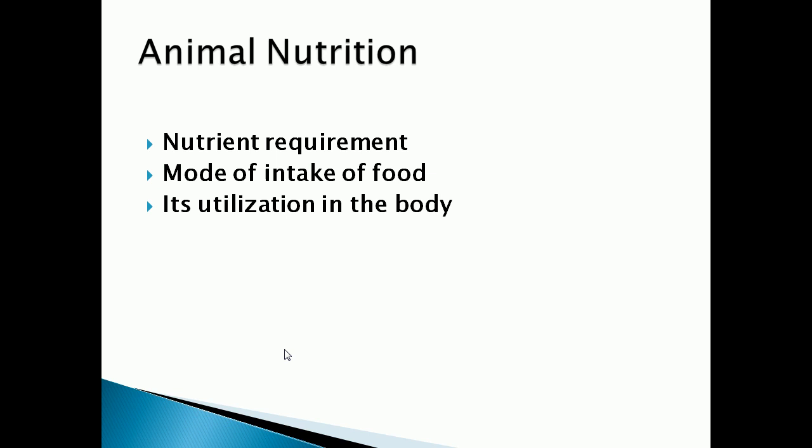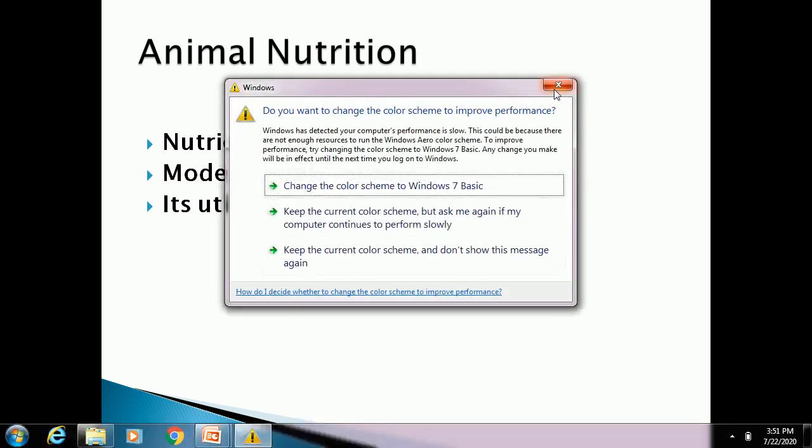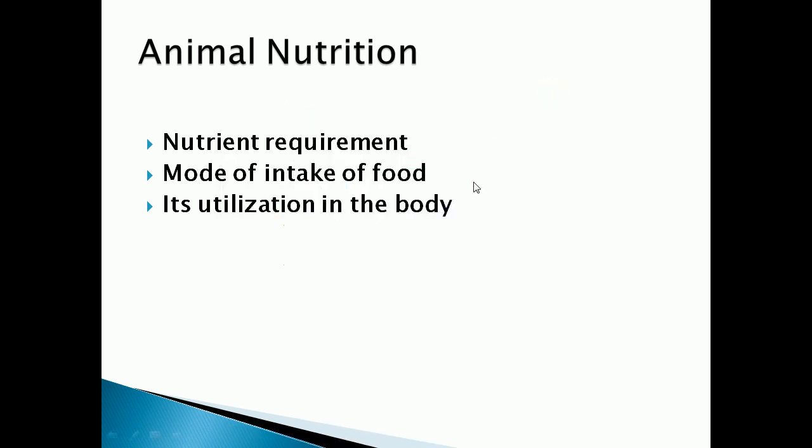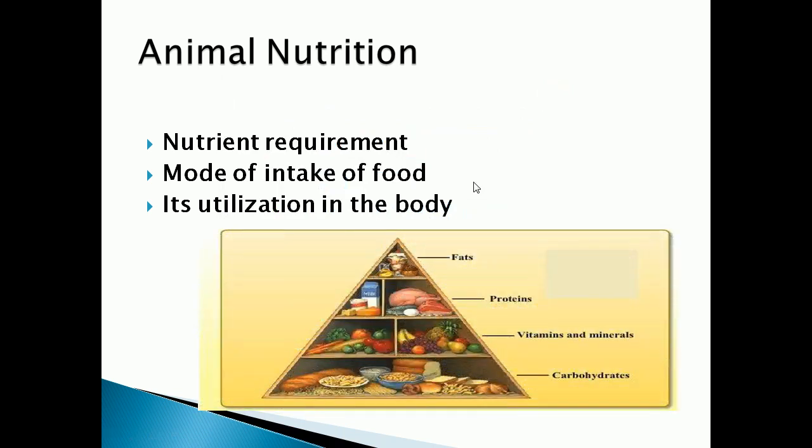What is the mode of taking food by animals? Heterotrophic mode of nutrition, isn't it? Then, after taking the food, it has to be utilized by the body. Understood, children?